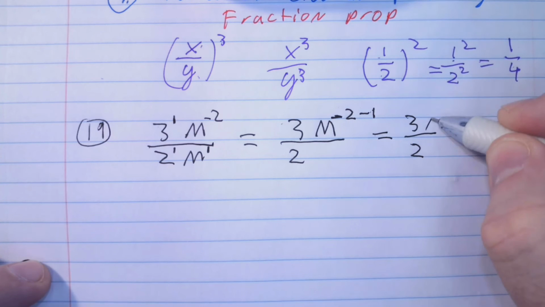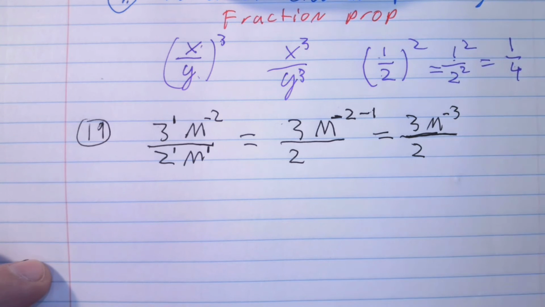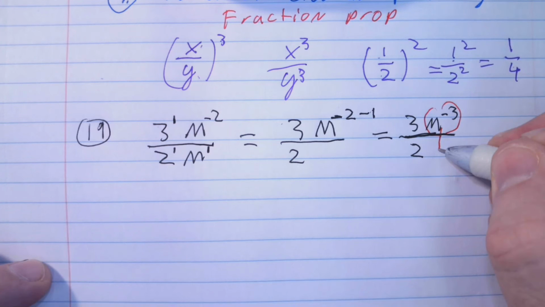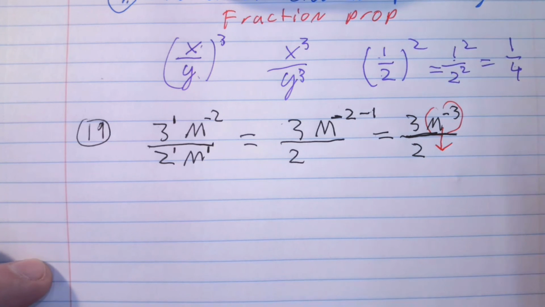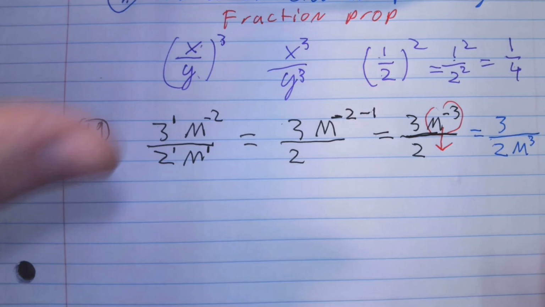That would be m to the -3. Which means I need to move this guy down. And notice how I didn't move any of the numbers. They're still going to be the same. And then the m is just going to move downstairs. And that's where he's going to live.